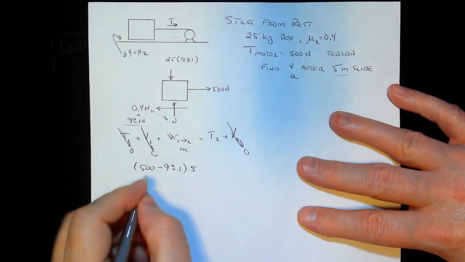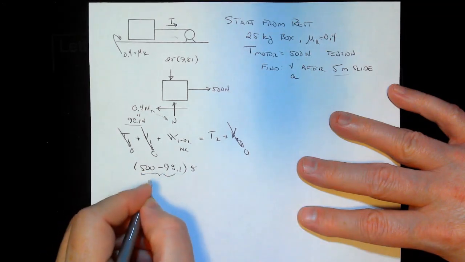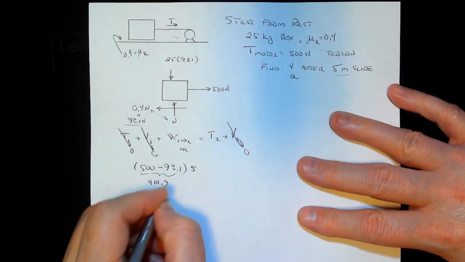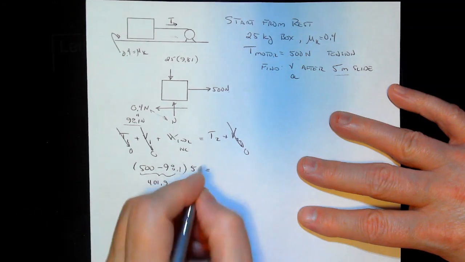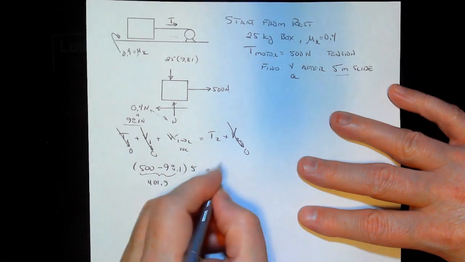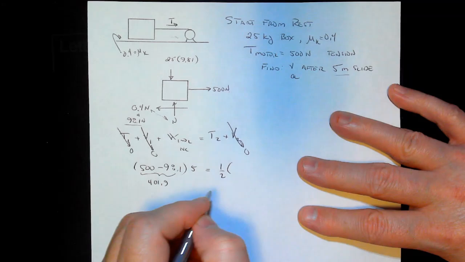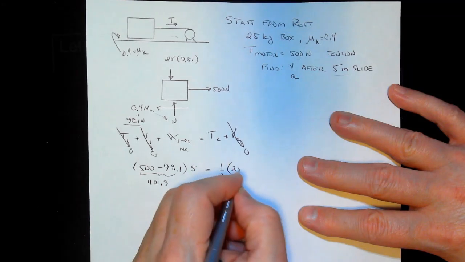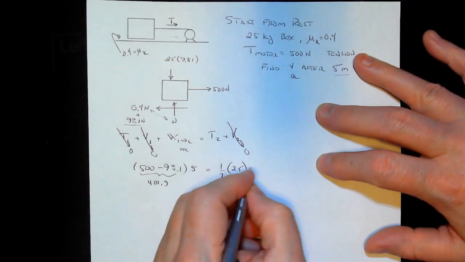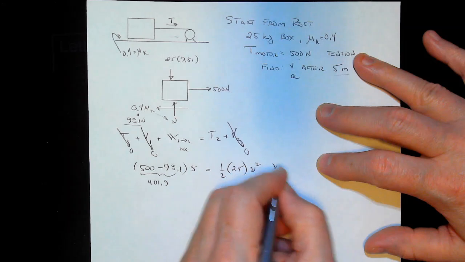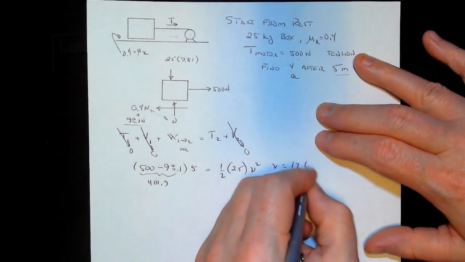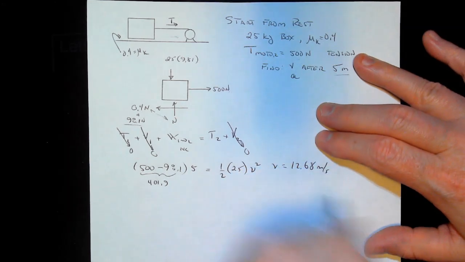This number here is 401.9, which equals the kinetic energy, 1/2 times 25 kilograms for the mass, times V squared. Solve for V, and we get 12.68 meters per second. So we have that.